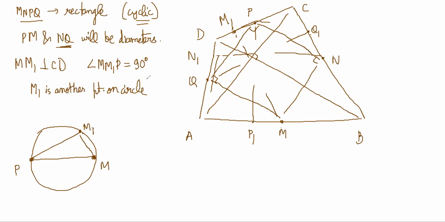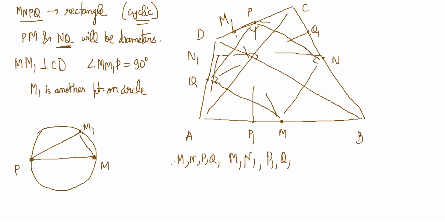By definition you have put 4 more points which are perpendicular to the sides. So you have one circle on which all of M, N, P, Q, M1, N1, P1 and Q1 lie.